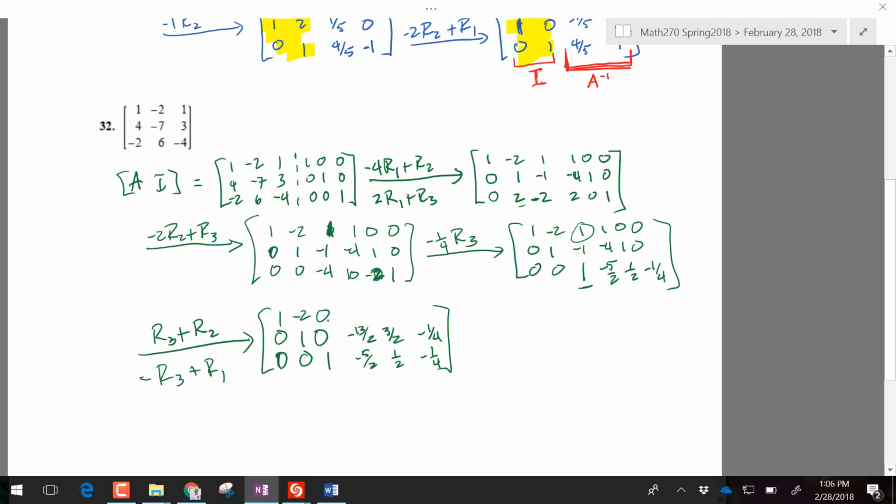So that we can get a 0 in that spot. So this is positive 5 halves. 5 halves plus 1, 7 halves. 1/2 negative. And then 1/4 negative. Negative 1/4 negative. Positive 1/4.